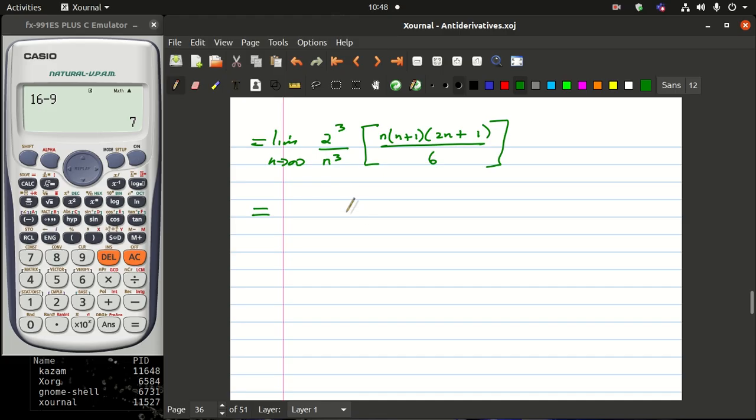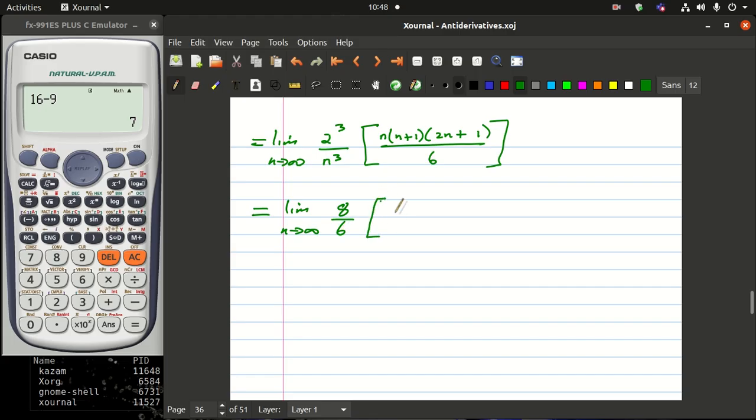And then of course, if you look into this, this is just the limit as n approaches infinity of 2 to the power 3. You know that's just 8: 2 times 2 is 4, 4 times 2 is 8. And then we divide. I have this 6 here, I'm going to place it here.